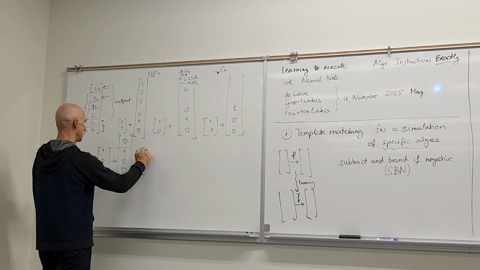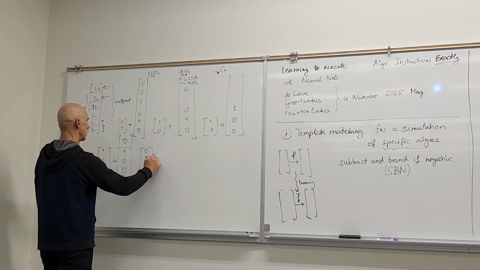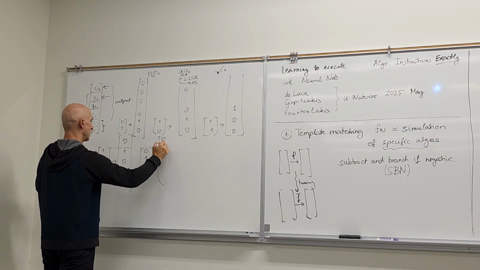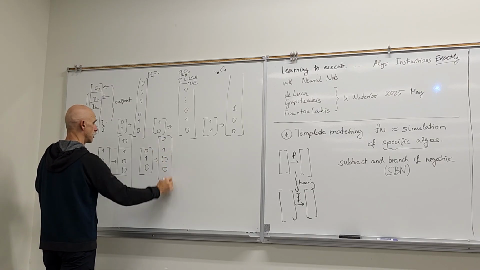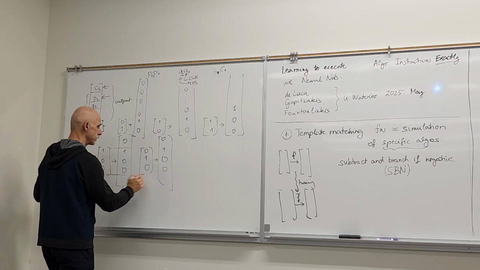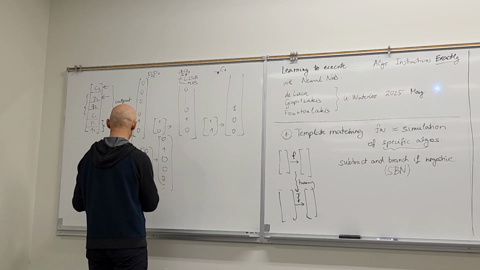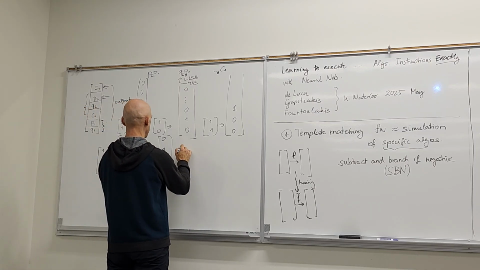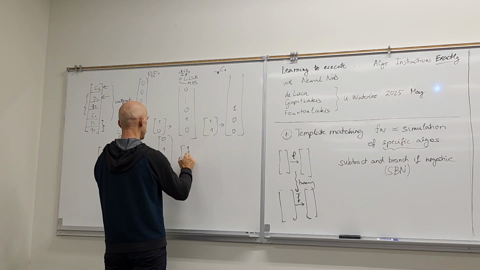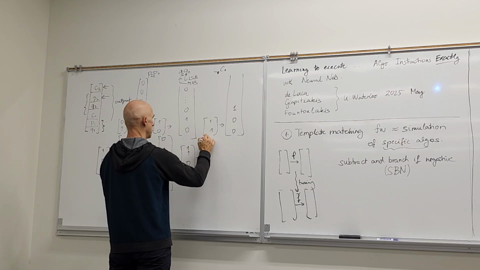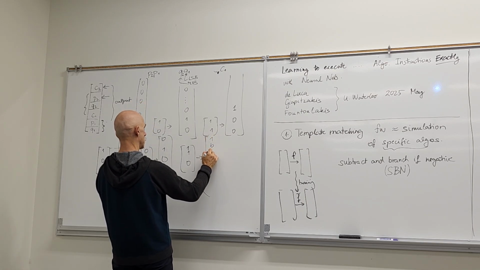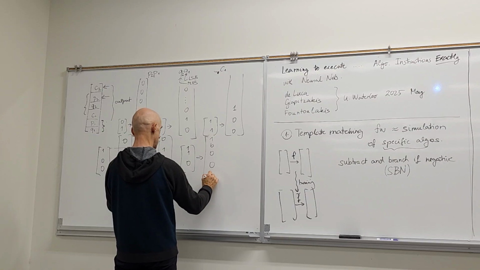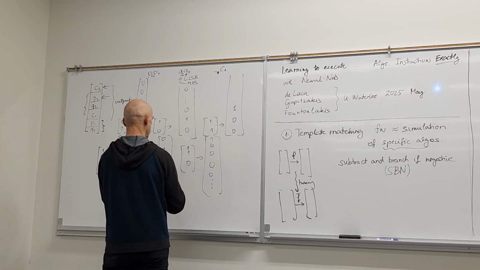Then 0, 1, 0 should be mapped to 0, 1, 0, 0, and of course everything is 0 here. And 1, 1, 0 should be mapped to 1, 0, 0, 0, and all the zeros are not needed.